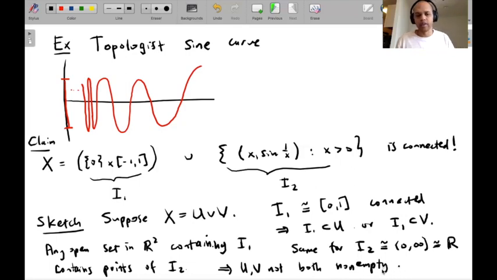Okay, and so from this we conclude X is connected.